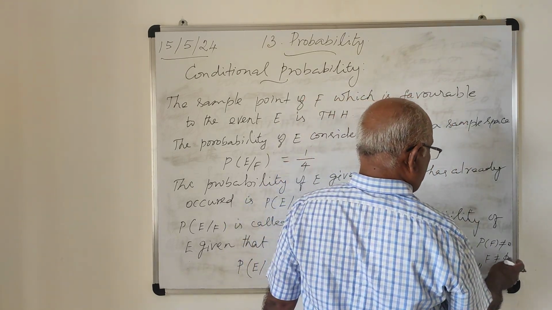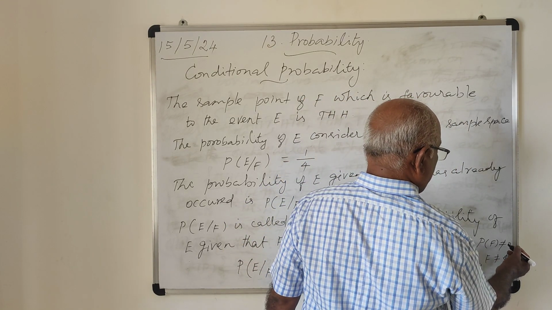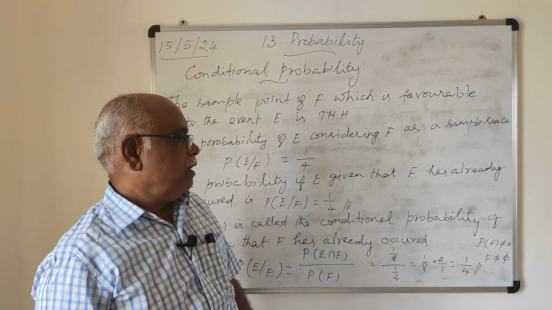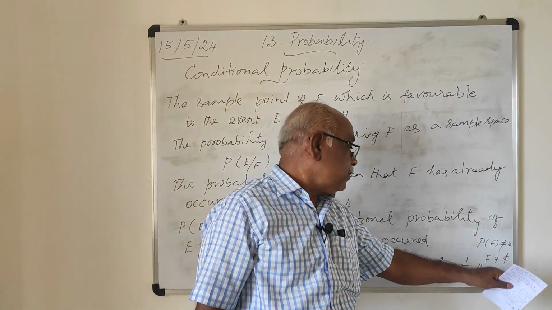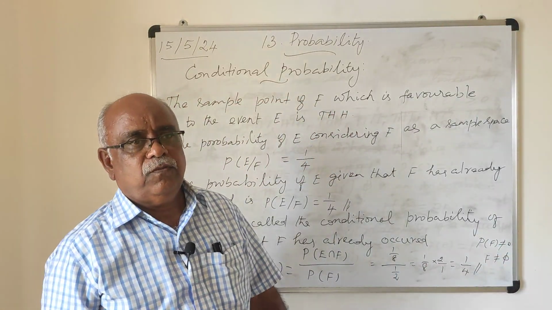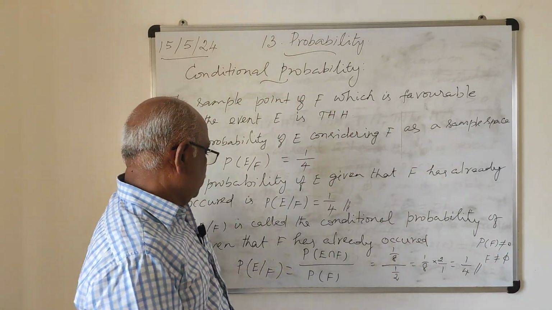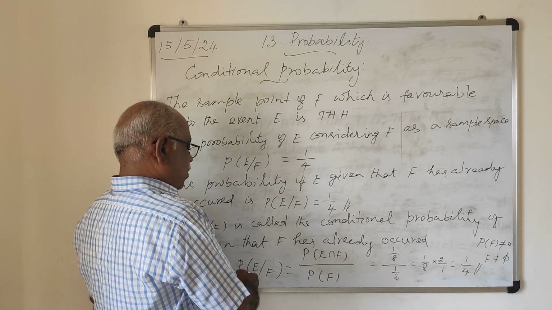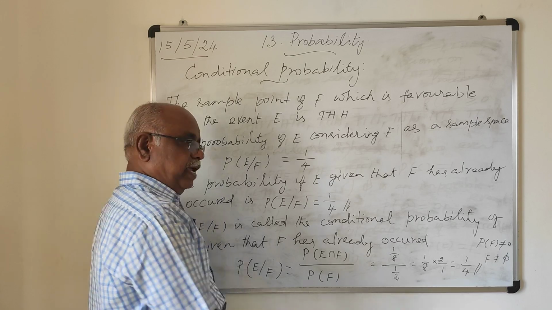If F is the empty set, it is an impossible event and the probability of F is 0. So P of F not equal to 0 means F should not be an impossible event. That's all. So this is the formula for finding the conditional probability of E, where F has already occurred.